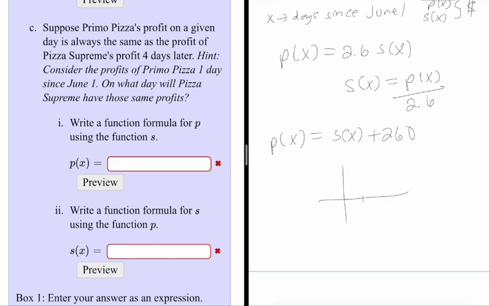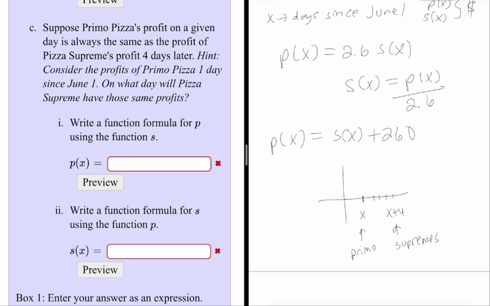If we are at some day X, remember that's the days after, the profit here, that's Primo's profit, is the same as Supreme's 4 days later. 1, 2, 3, 4. And that's the same as Supreme's.